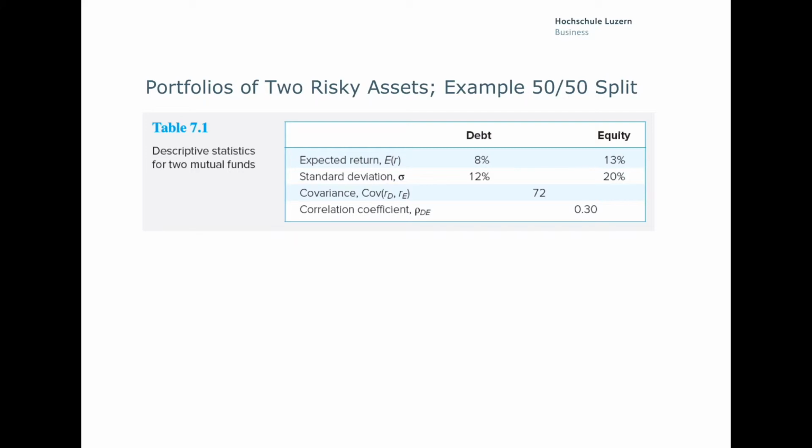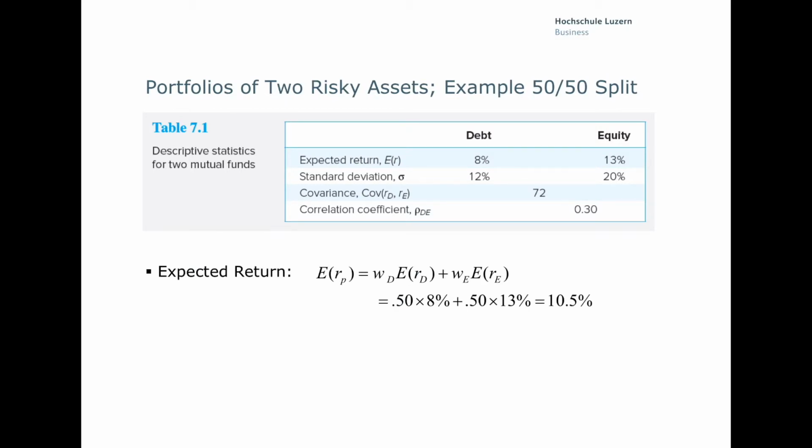So we consider two mutual funds, a bond portfolio specializing in long-term debt securities, denoted D, and a stock fund that specializes in equity securities, denoted E. The expected return on the portfolio is a weighted average of expected returns on the component securities with portfolio proportions as weights.